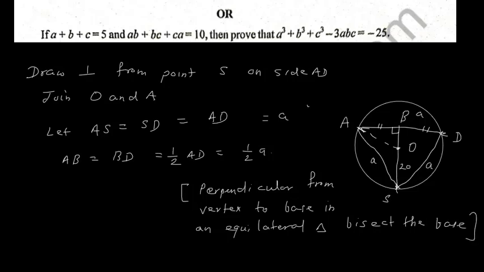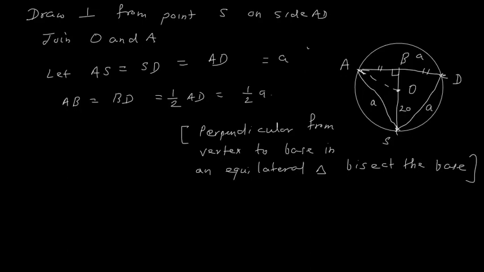Okay, so therefore AB is equal to BD is equal to half of A. Consider this as equation 1.